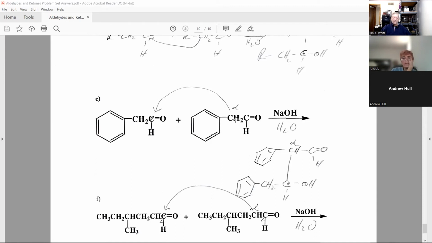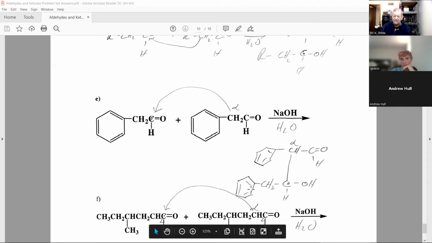Or another way, here's my alpha carbon, attached to carbonyl. I form, so I get all in on this together, looking nice. The world's longest carbon-carbon single bond, but it works. And the carbon that was attacked becomes an OH. What was attached to it is still there. And that's how you do the Grignard.